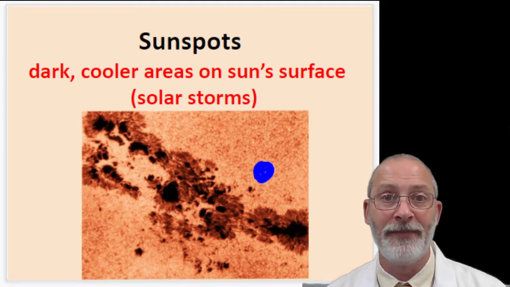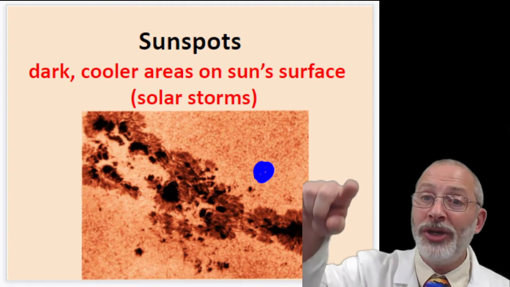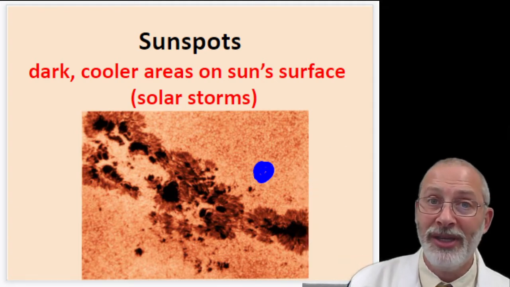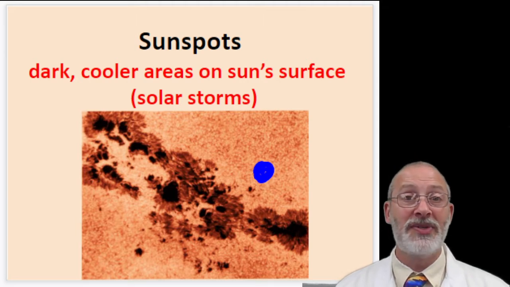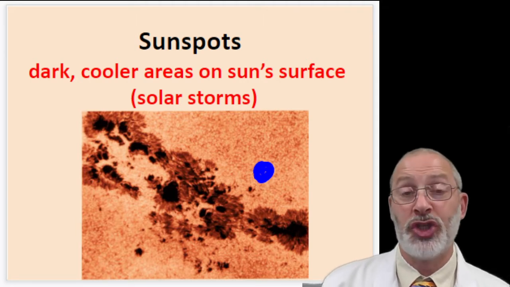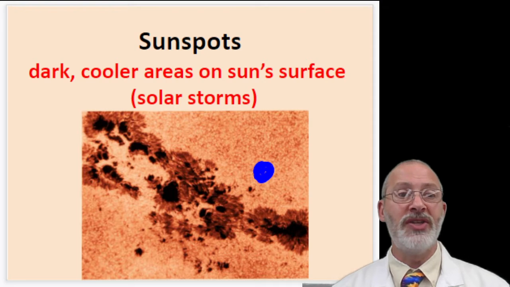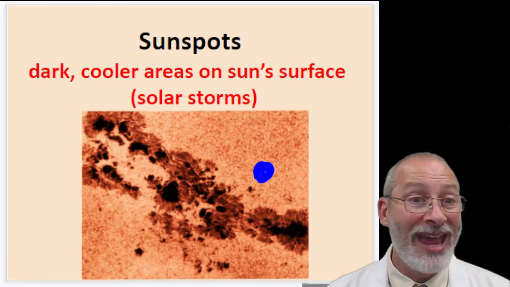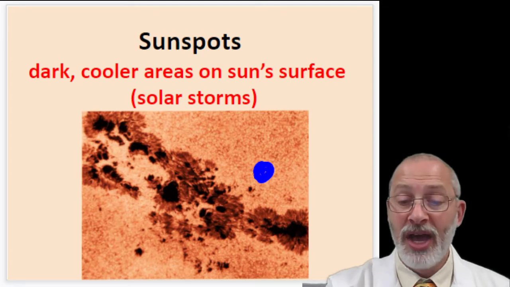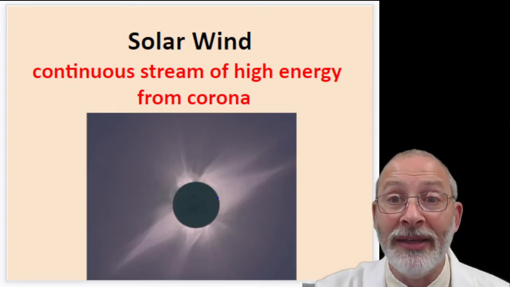solar activity. When there is an increase in solar activity, and it happens around the time that the magnetic field flips, there's an increase in storms, there's an increase in sunspots, there's an increase of prominence, and there is an increase of solar wind.